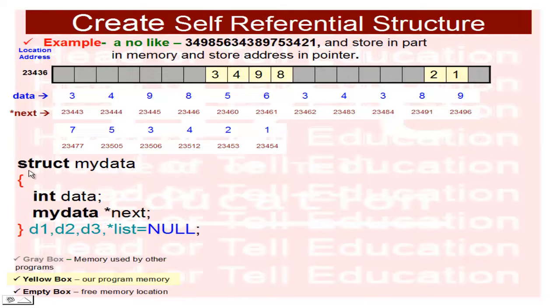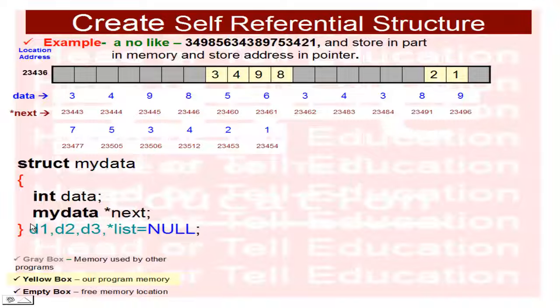So here I am creating struct my data. What is my structure name? My data. Now I have only an integer number, so I created integer data. Now we need to store the address of the structure. What is this structure name? My data. Inside it I have created a pointer of my data. So this is the self-referential structure.